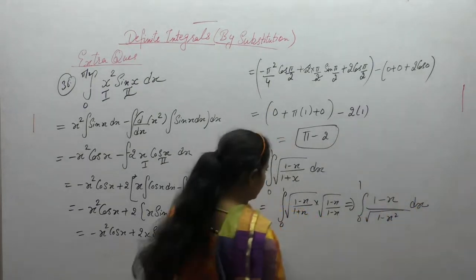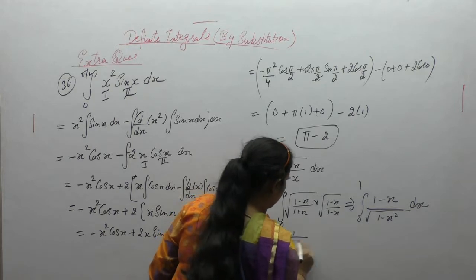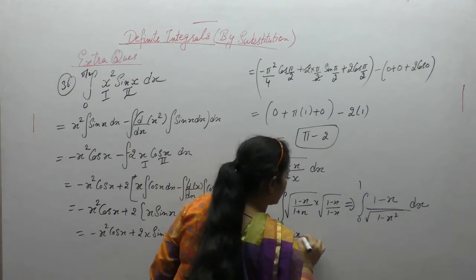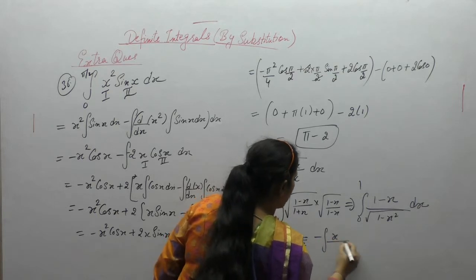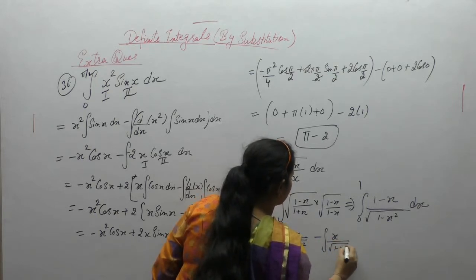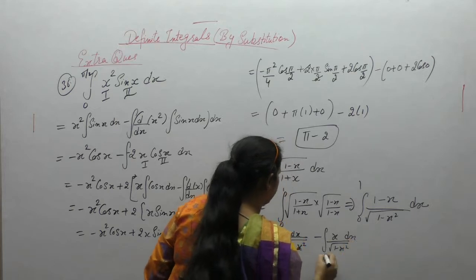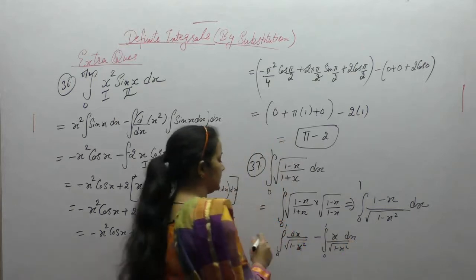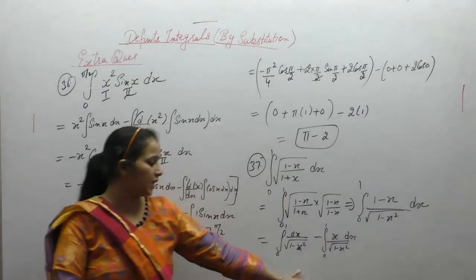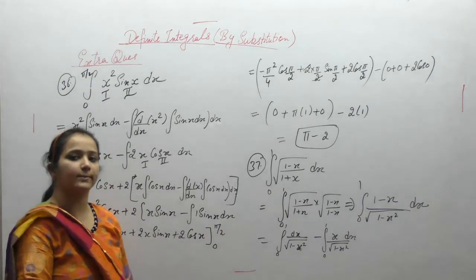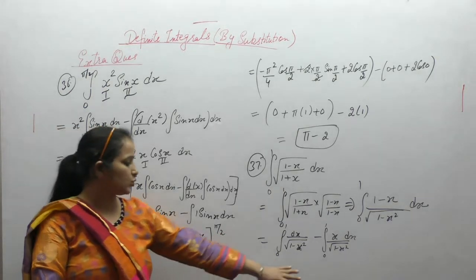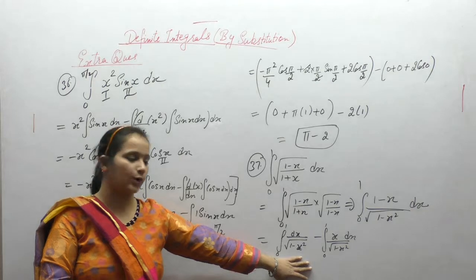Separate the terms: 1 upon square root of 1 minus x square, minus x upon square root of 1 minus x square. This is of the form integral of 1 upon square root of a square minus x square, which equals sine inverse x upon a.